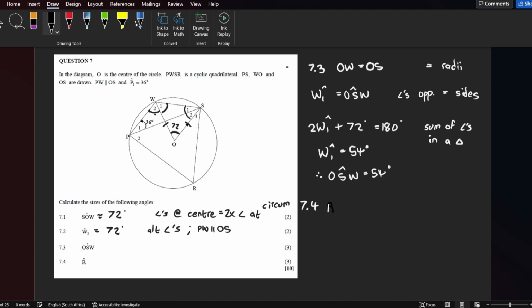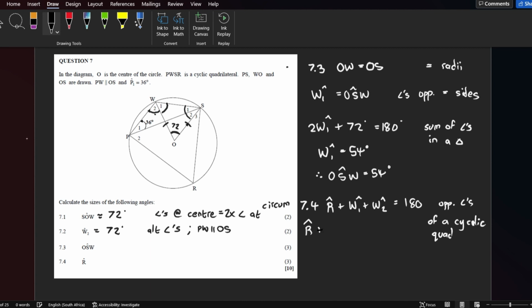So we said angle R plus W1 plus W2 will equal to 180, and our reason is opposite angles of a cyclic quad. Okay, and then we go ahead and we substitute.